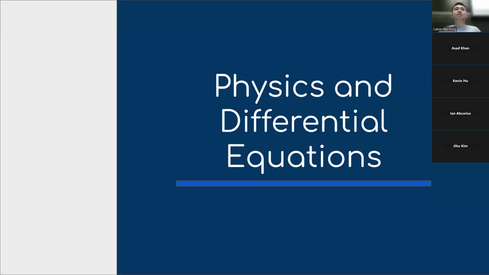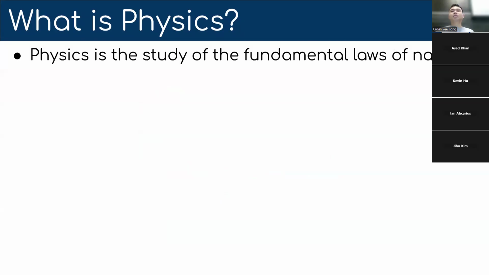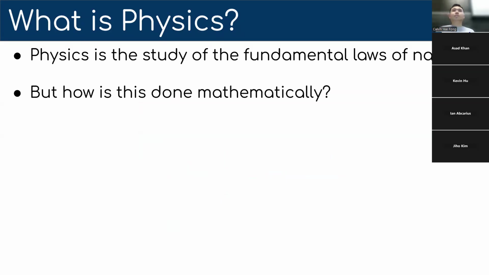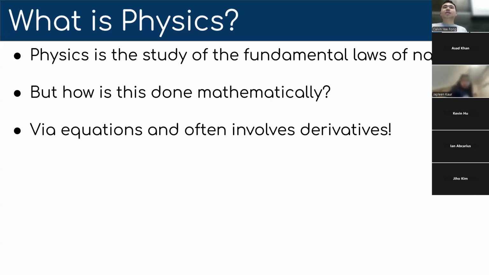So what is physics exactly? Well, physics is many things. And in fact, you can probably take a whole degree to learn about physics. But what I would say is that physics, to me at least, is the study of the fundamental laws of nature. And oftentimes, we can describe these laws via mathematical equations. More specifically, we can model these via equations that involve derivatives.